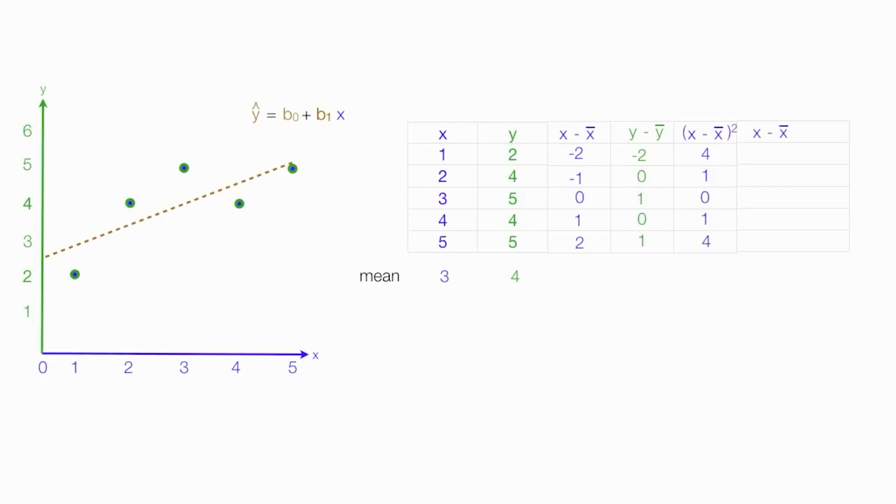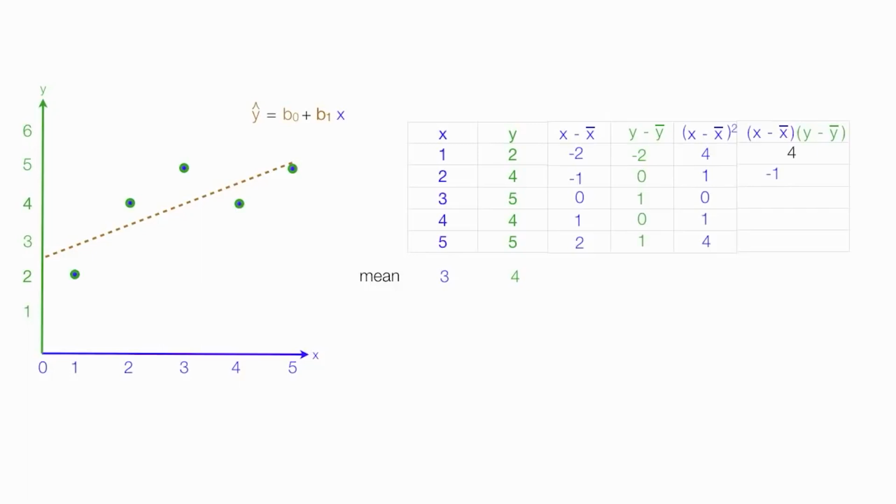Now I make another column, the x minus the mean and y minus the mean columns. We're going to take this column times this column, which is the first row is negative 2 times negative 2, which is 4.